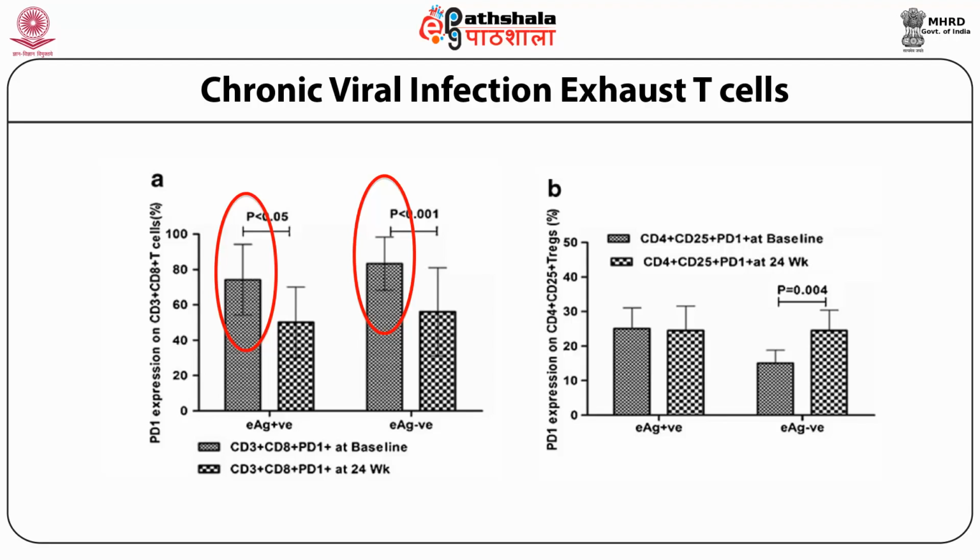Earlier there were more regulatory T cells, which were suppressing the total immunity during viral infection. However, after the treatment, PD1 expression comes more on the regulatory T cells, and then the regulatory T cells are depleted. Once the regulatory T cells are depleted in 24 weeks, CD8 positive T cells come back, and now they are more functional.